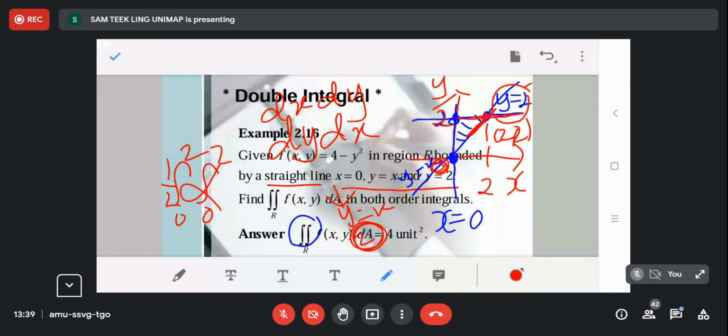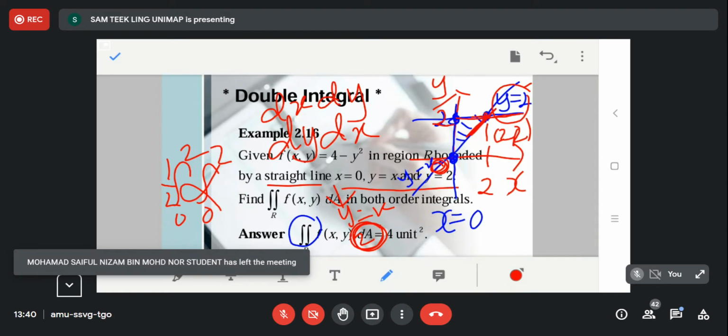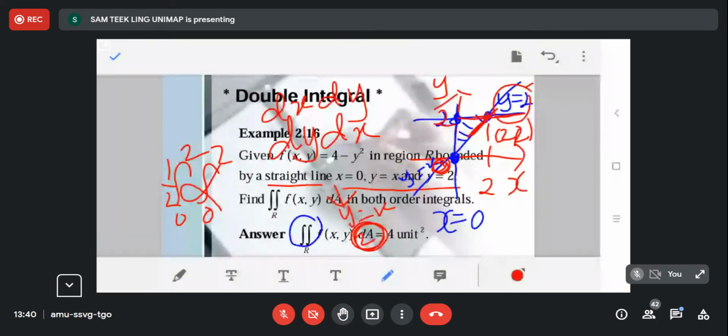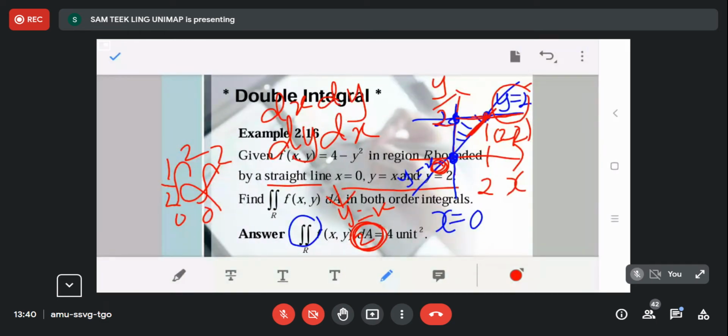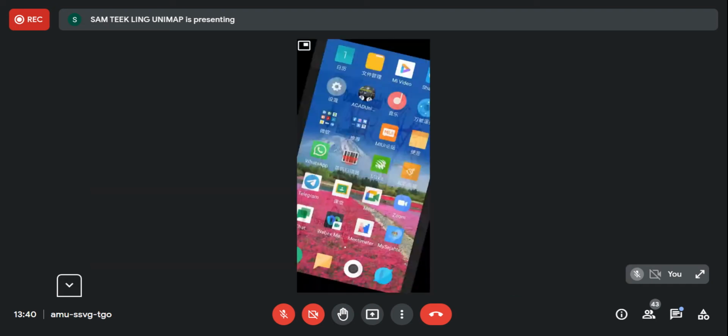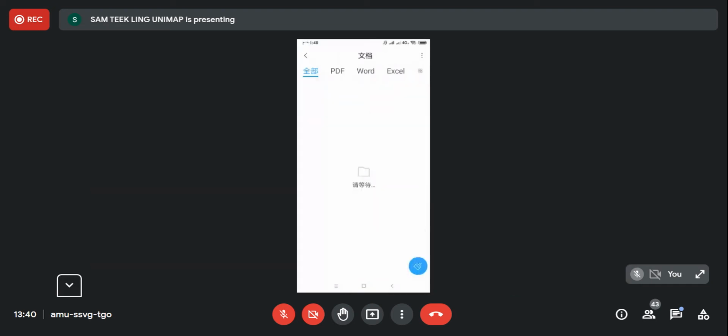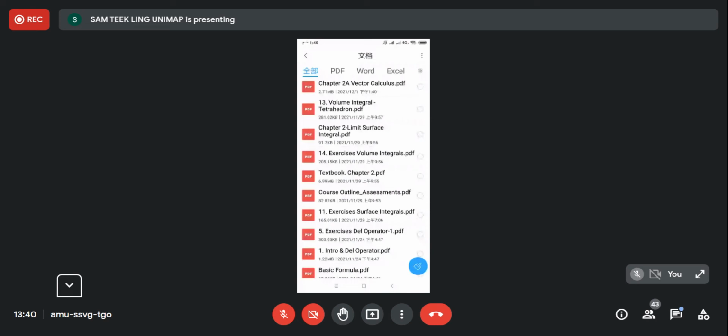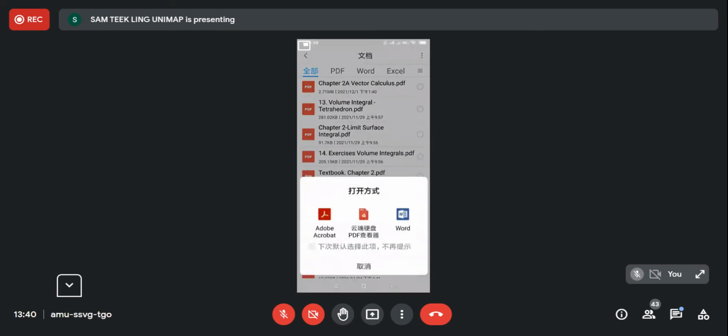Only the limits are not the same, but the final answer is the same. You can choose dx dy or dy dx. I also gave you in your Google Classroom how to solve this. I gave you the picture, so you can go to the chapter 2 exercise.